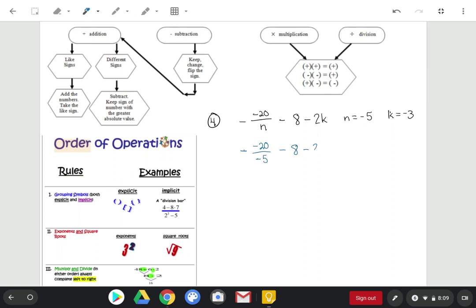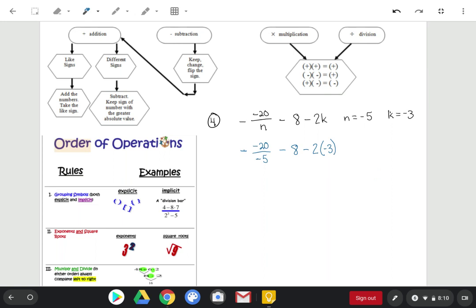So that would be 2 times, and I'm going to use parentheses to indicate multiplication, 2 times negative 3. Guys, you don't have to use parentheses. Remember, when we're indicating multiplication, you could just use the cross, or you could use a dot, or you can use parentheses, okay? I prefer, for this particular problem, parentheses, but you do what you understand best.